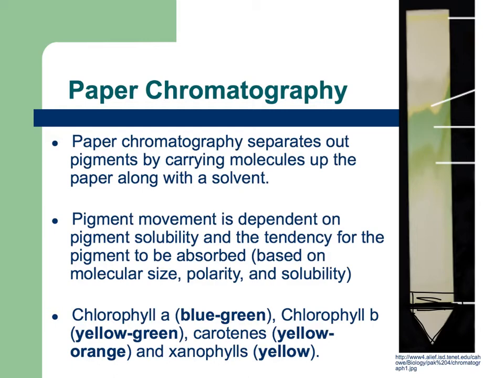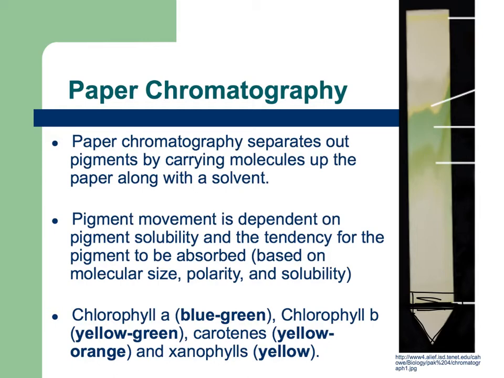They're going to move depending on their solubility and how well that pigment is able to be absorbed to the paper. That's going to be based on molecular size and polarity. So different sized molecules and different polarity of molecules are going to move at different speeds, at different rates.